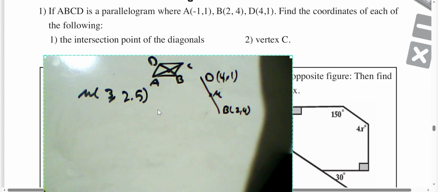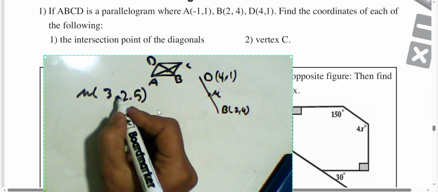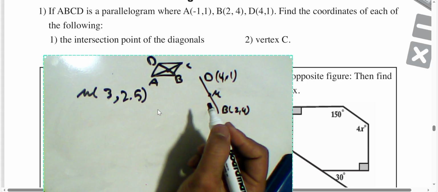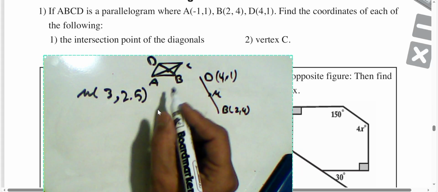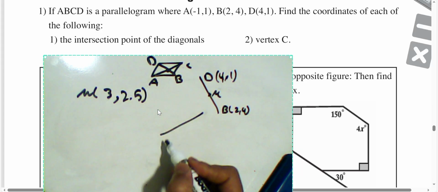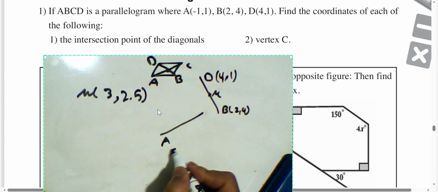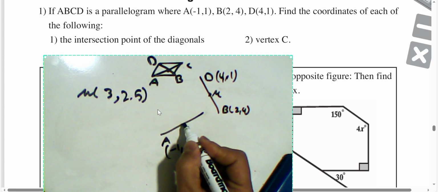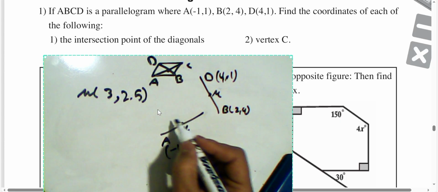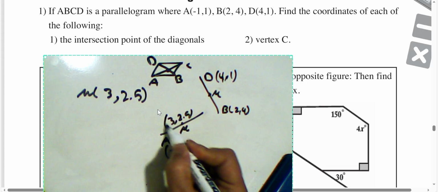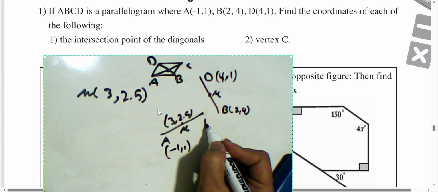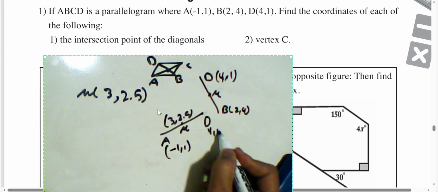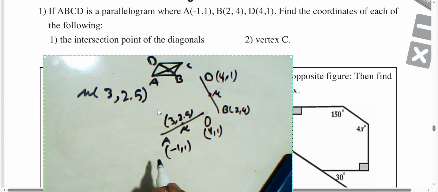Now we will find the missing point, which is C. We have point A at (-1, 1), point M at (3, 2.5), and point D at (4, 1).